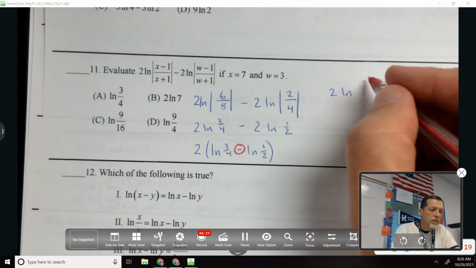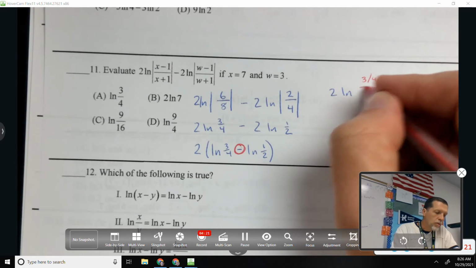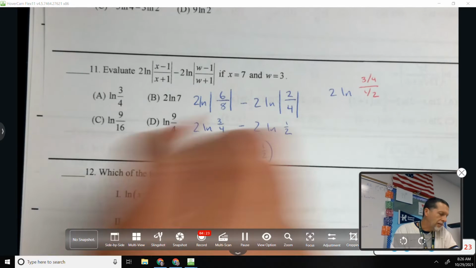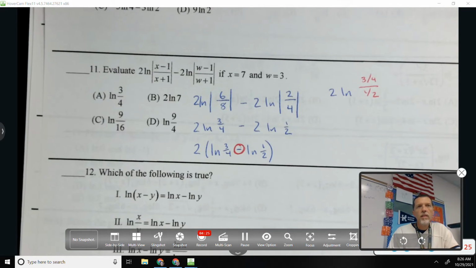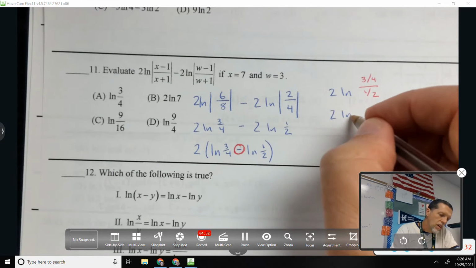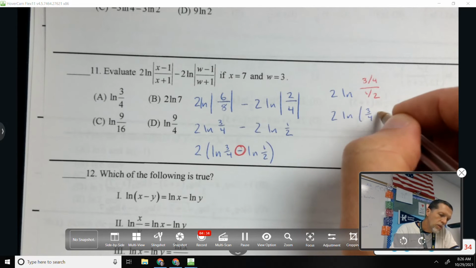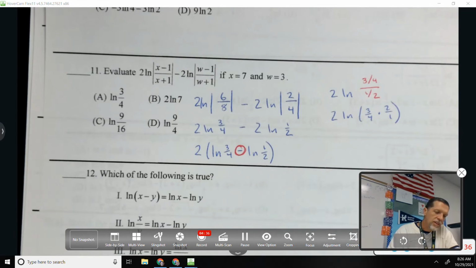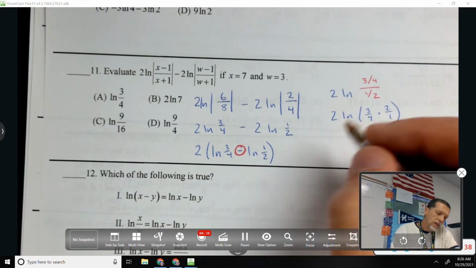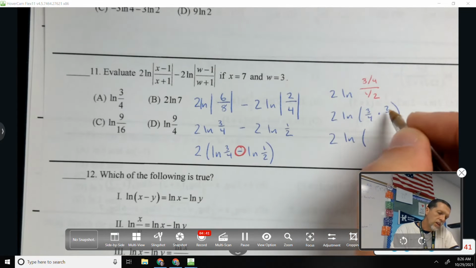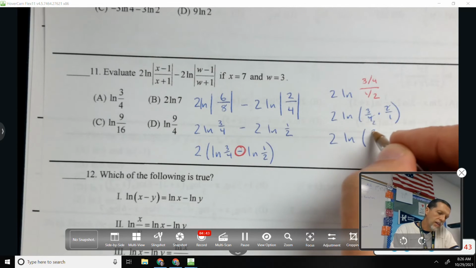I'm going to divide them. So 3/4 divided by 1/2. And then I'll need to keep it, change it, flip it in order to divide fractions. So 3/4 times 2/1. So that would be 2 natural log of 3/2.